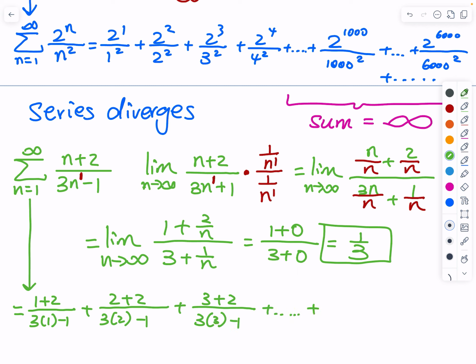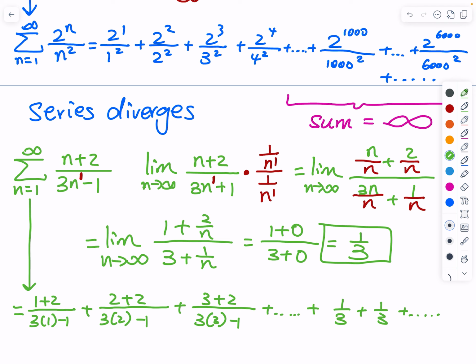As n becomes very large, you are just adding up a bunch of 1/3.